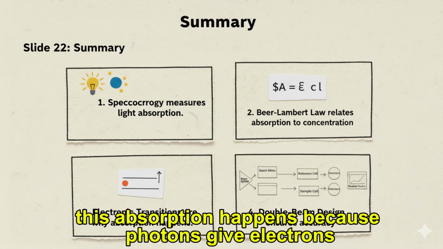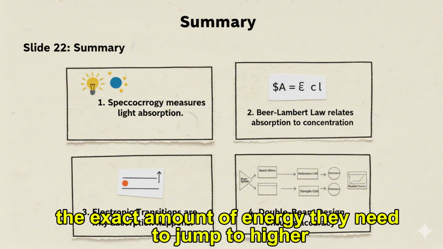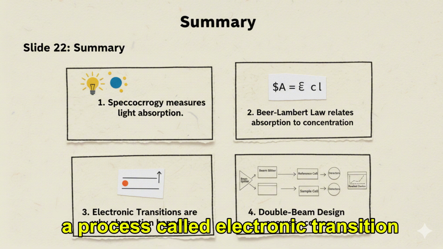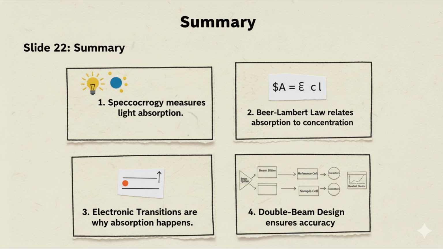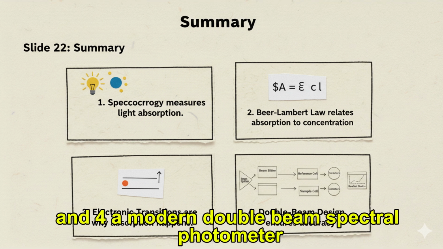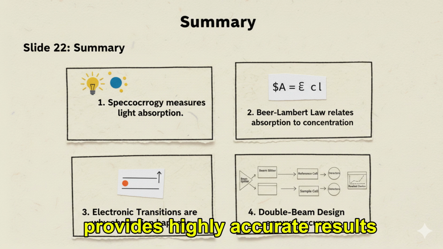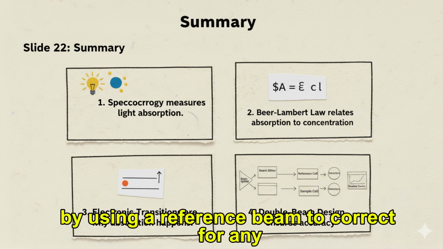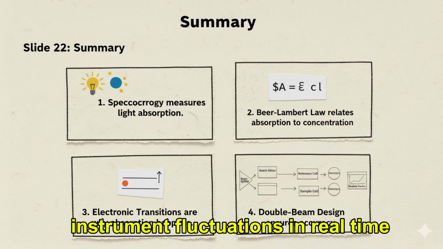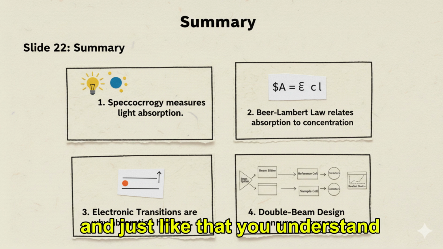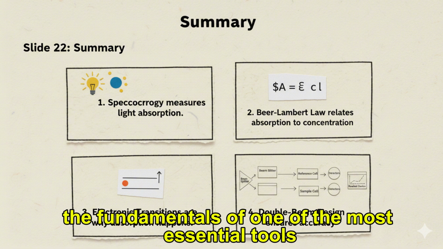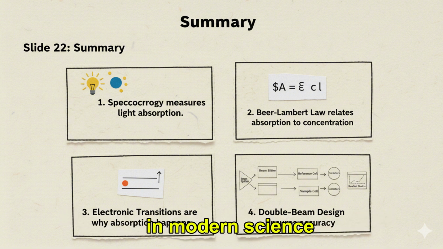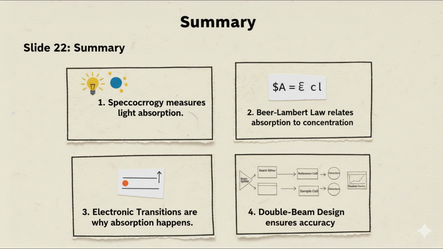This absorption happens because photons give electrons the exact amount of energy they need to jump to higher energy levels, a process called electronic transition. And 4. A modern double beam spectrophotometer provides highly accurate results by using a reference beam to correct for any instrument fluctuations in real time. And just like that, you understand the fundamentals of one of the most essential tools in modern science and engineering.